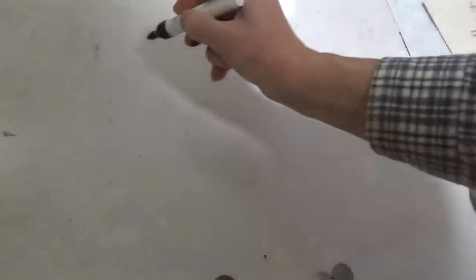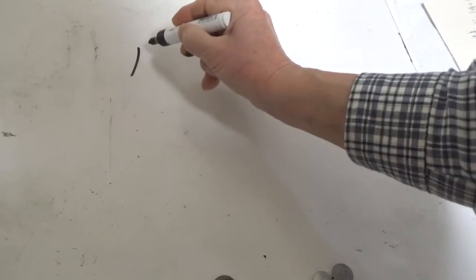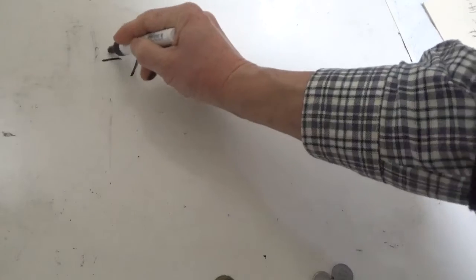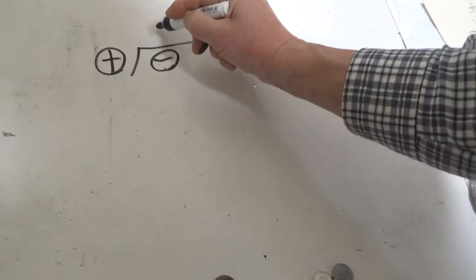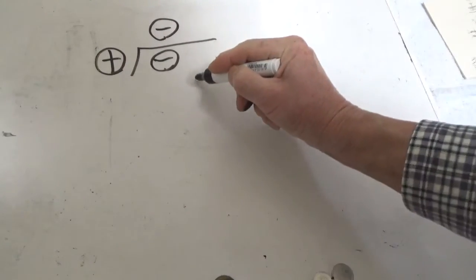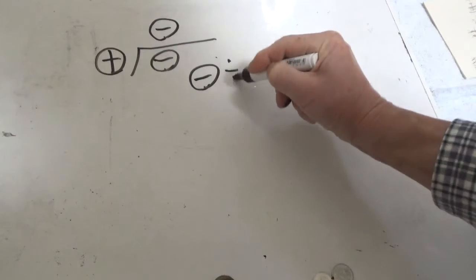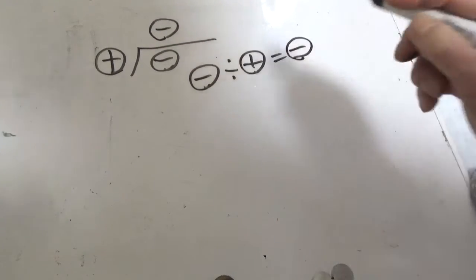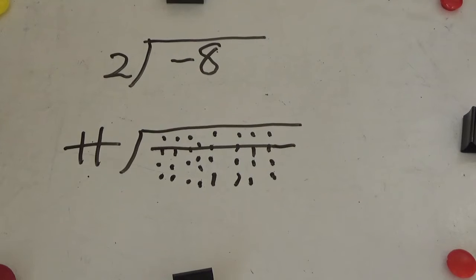So minus divided by plus equals minus. So let's divide a negative value by a positive value.